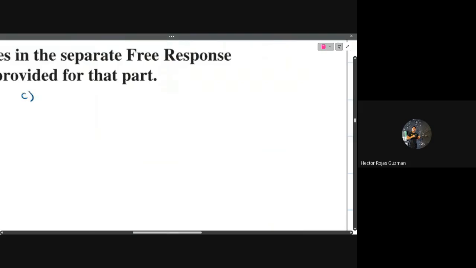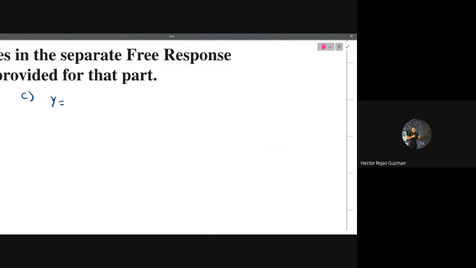So if I want to find the y coordinate of the position of the particle, it's going to be the integral. Okay, once again, my initial condition was that at 2 seconds, the particle is at 6. So I'll just put a plus 6 back here.